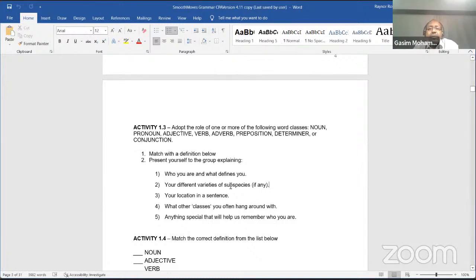Each one of these is one of these parts of speech. This was designed to be done in class as a fun activity. So you'd be like a noun here. What do you think that is?